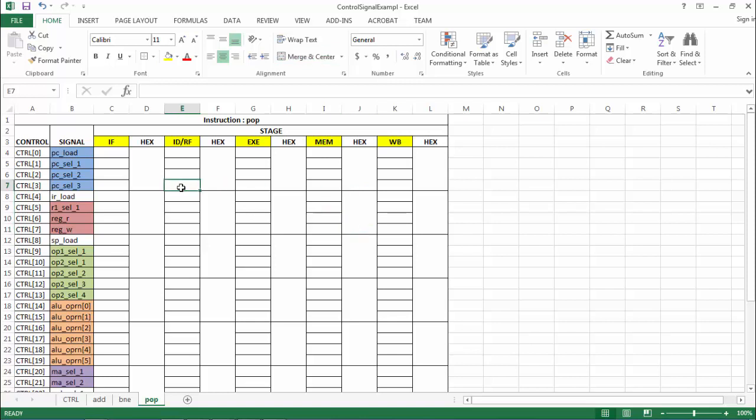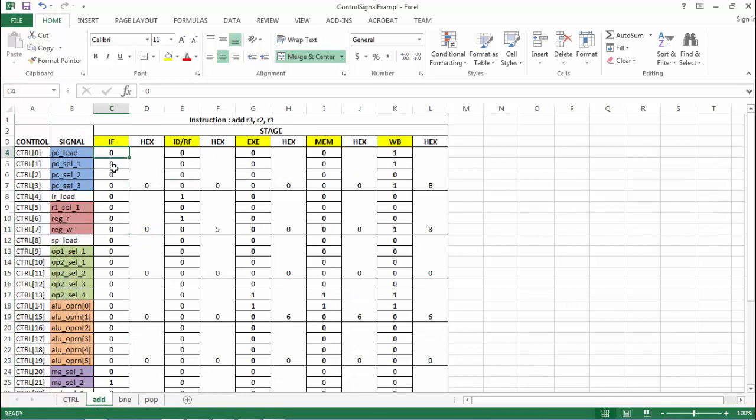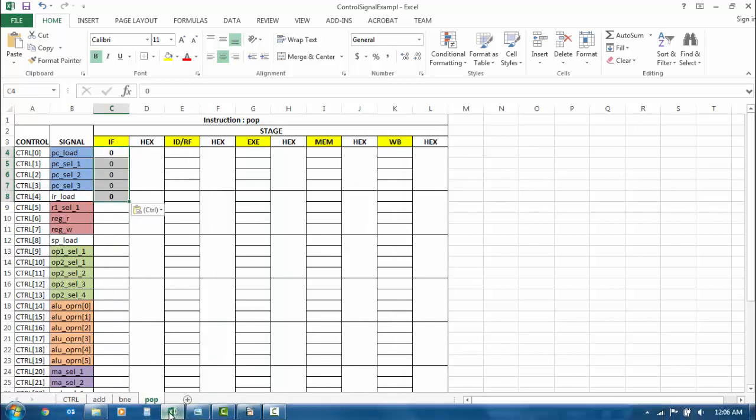Now for the pop, your PC load, program counter load, and selection pretty much work like your add, right? And similarly the IR load is also pretty much like an add. So I can actually copy it from that. So that's to make sure this is there.